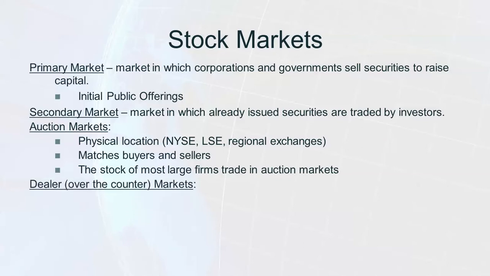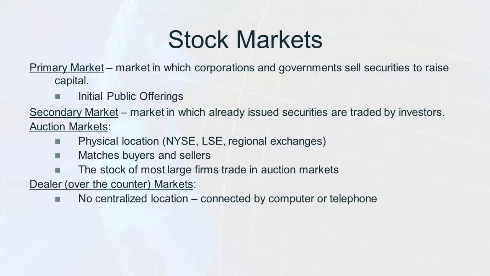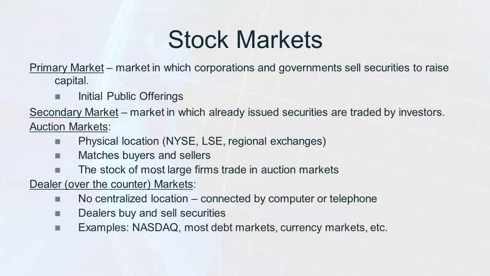And dealer market is basically over-the-counter markets, and there is no centralized location, and they are connected by computers or telephones, and dealers buy and sell securities. The examples are Nasdaq and most bond or debt markets, currency markets, etc.